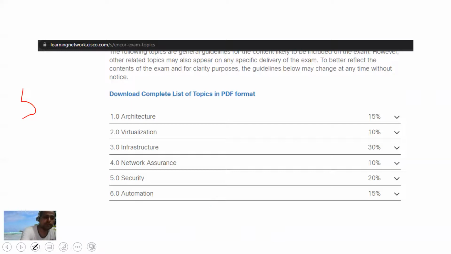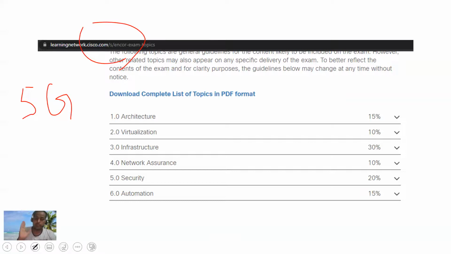So suppose I want to learn 5G technology, and this is one of the courses, CCNP Core, and I'm going to correlate that. So CCNP Core is divided into 6 parts: architecture, virtualization, infrastructure, network assurance, security, automation. Now, will this knowledge that I have related to CCNP be applicable for 5G?